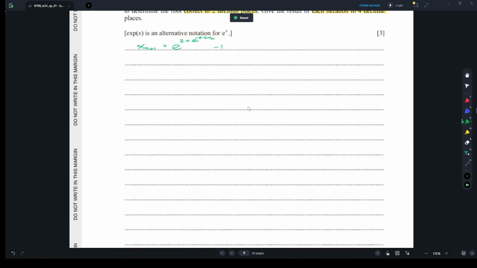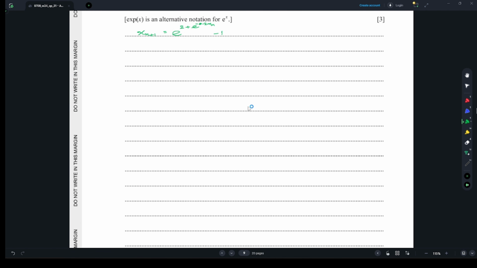Okay, so we should create a table. So we will take the n value. Okay, so we will use the n value for the table, and then the next column I will use.